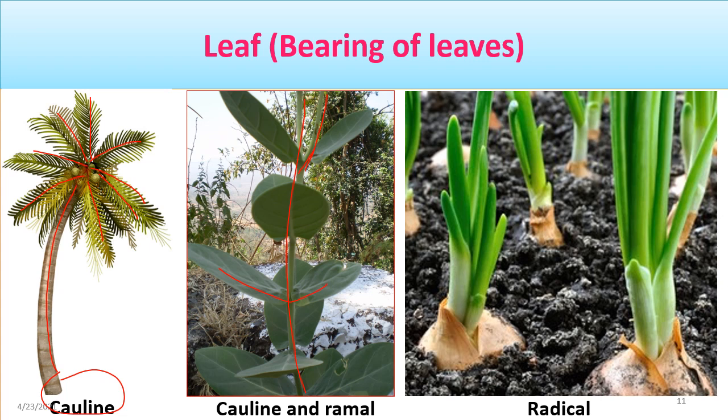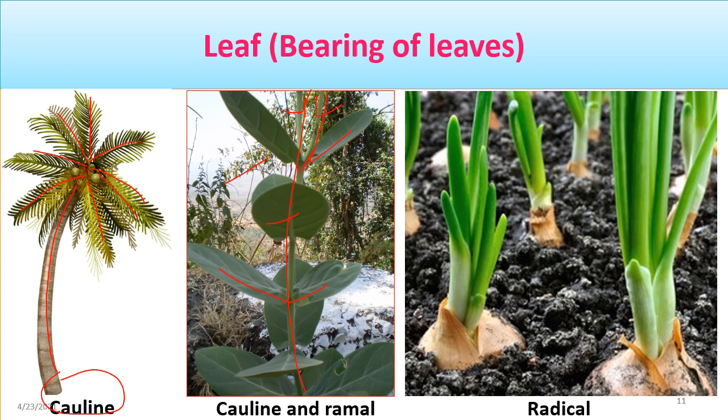So on the main stem as well as on the branches, it may have leaves, means leaves are present throughout the body, and this type of bearing of leaf is called cauline and ramal.